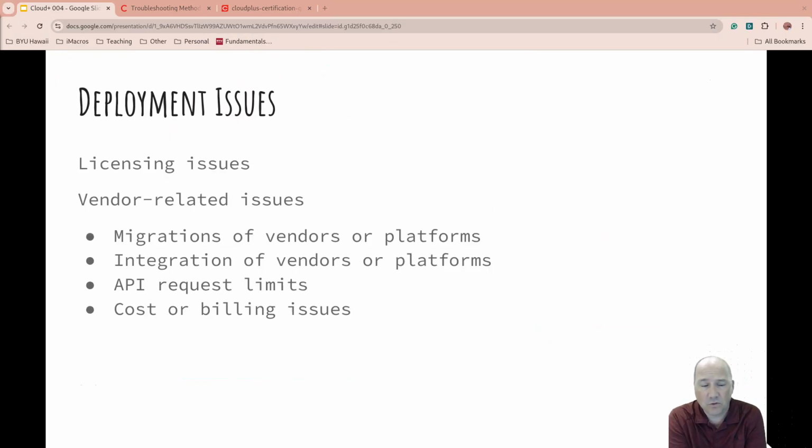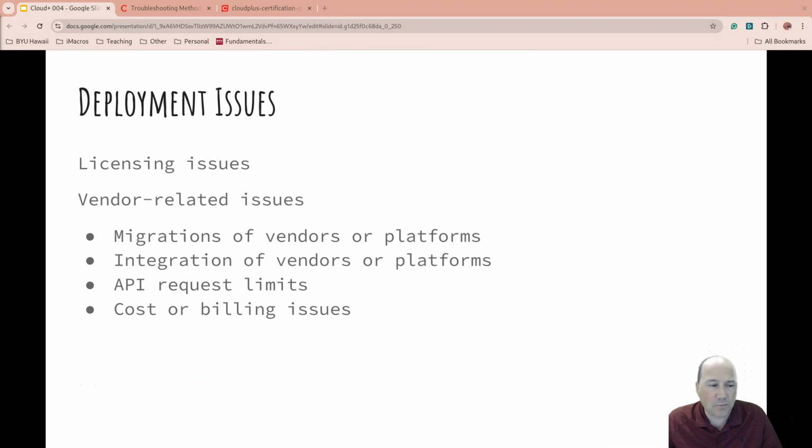Deployment issues. So is there a licensing issue? Maybe you didn't license it properly, or maybe it's charging you a ton extra because of the way you tested. Is it a vendor-related issue? Did you migrate from one platform to another and there was something that was not realized as different?